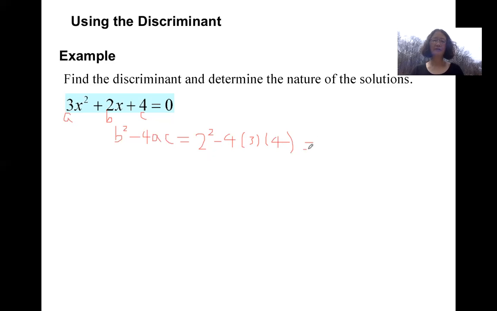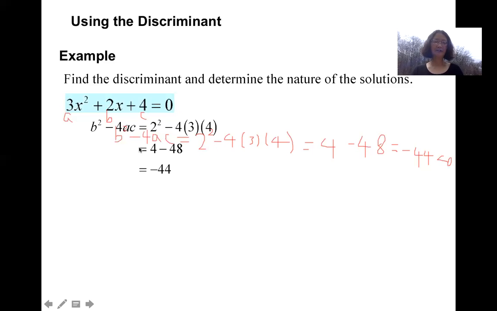The result is 4 minus 48, which is negative 44. This number is smaller than 0. When you have a discriminant smaller than 0, you do not have solutions in the real number range. And this is the solution.